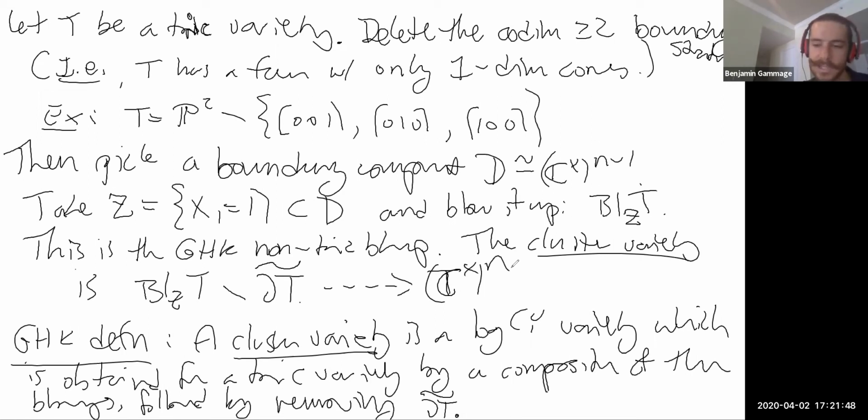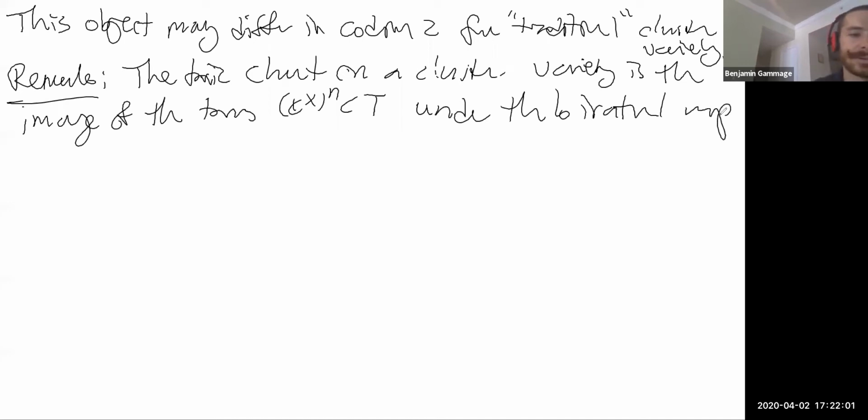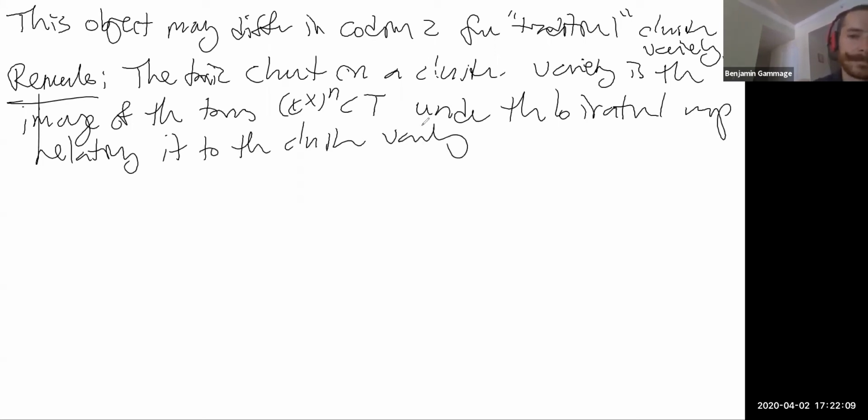And so the toric chart in the cluster variety is the image of this torus inside the toric variety under the birational map relating it to the cluster variety. Okay, so that's where that structure on a cluster variety comes from.